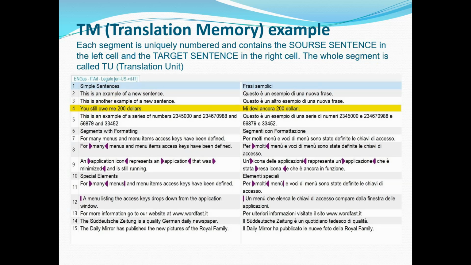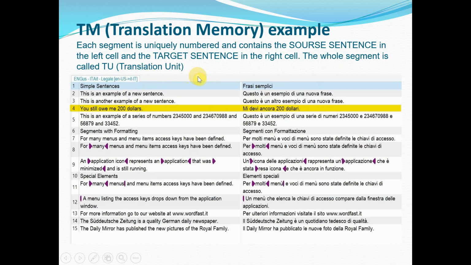This is the left cell containing the source language, which in this case is English. And in its connected right cell, we have the Italian language, which is "Mi devi ancora $200." So the two sentences connected to each other build up a translation unit. So the whole segment is called TU, translation unit.